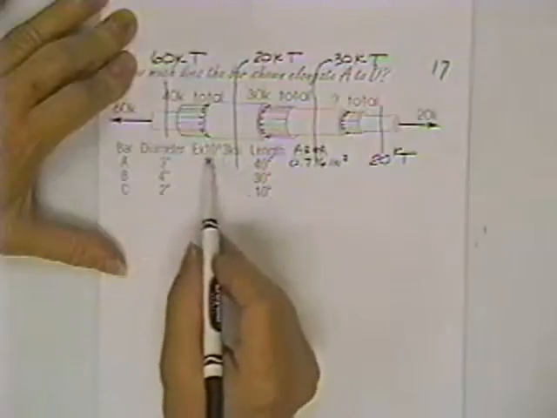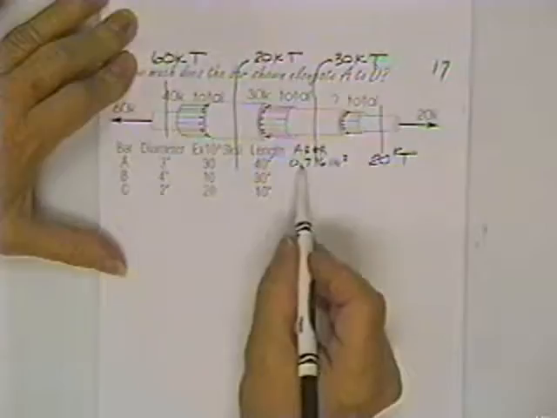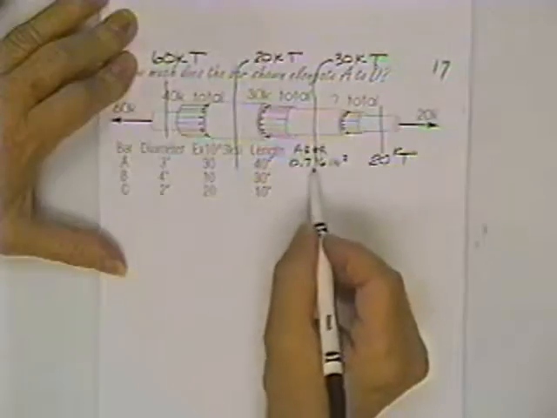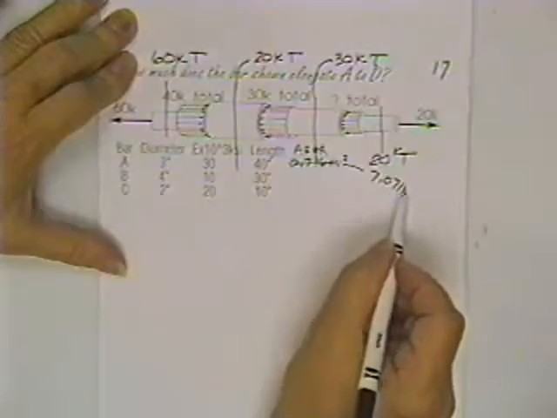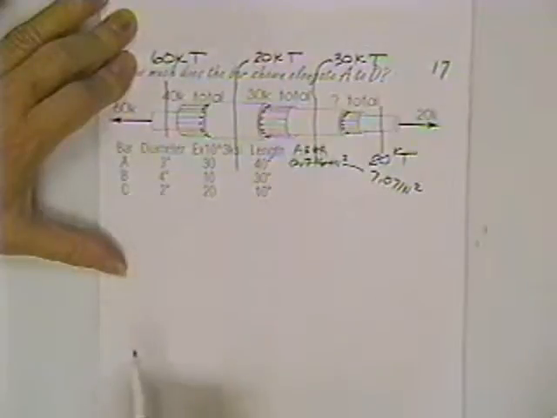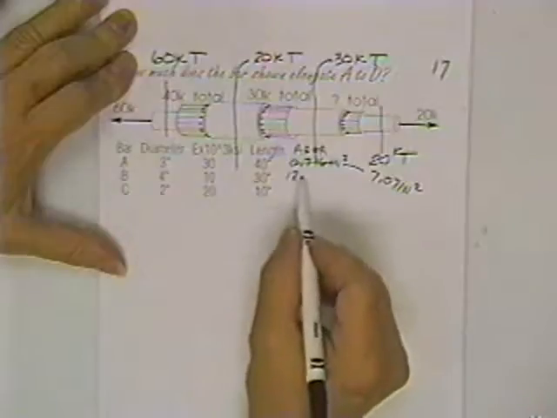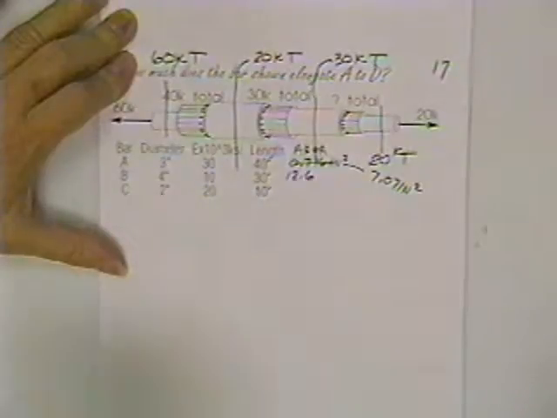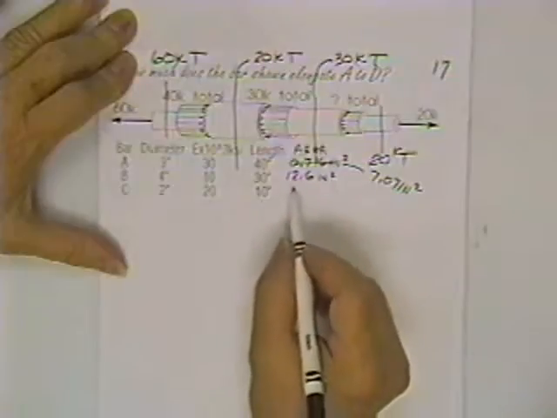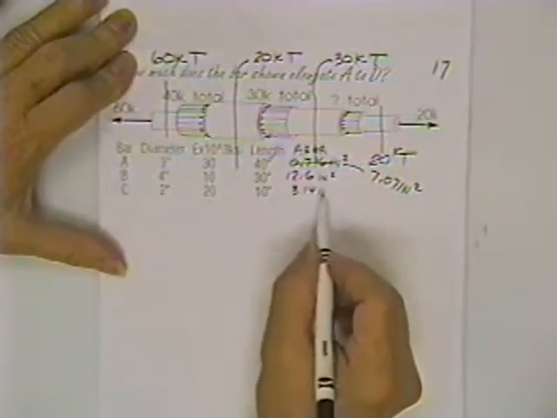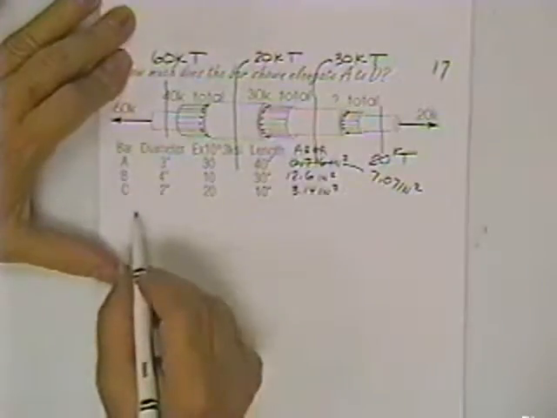I was thinking if he doesn't tell us E, he doesn't tell us what the value is. 7.07 square inches. Alright. What do you get from our 4-inch diameter rod? 12.6. And for a 2-inch diameter rod? 3.14. Okay. So now then we're set to find anything else we want.